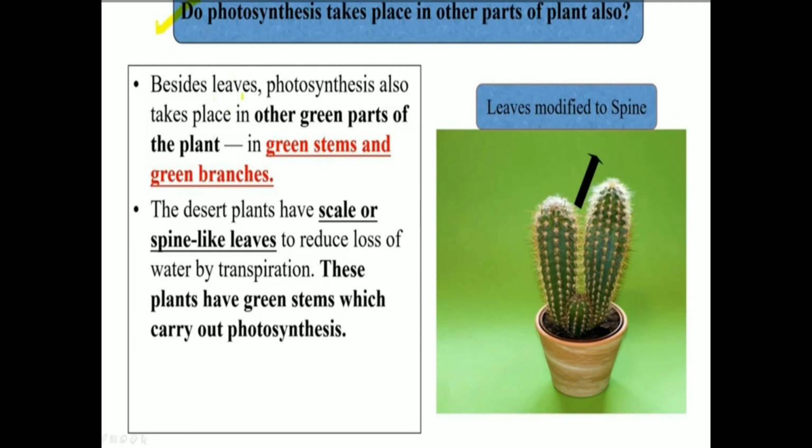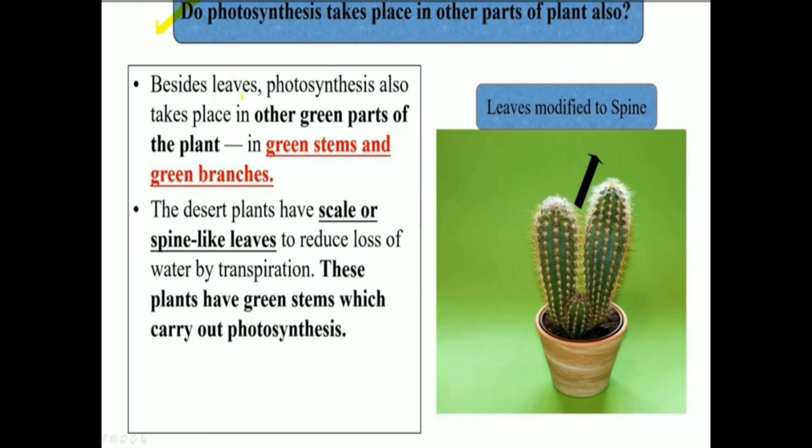So this is the kind of leaf which most plants have. It has a large surface area, so it has numerous stomata openings, and the larger the number of stomata, the larger is the water loss by transpiration.